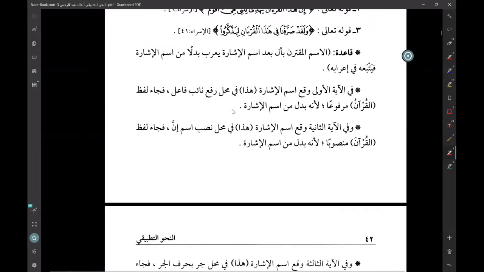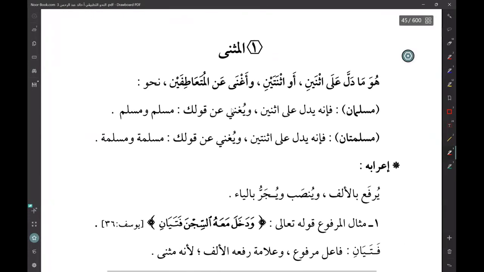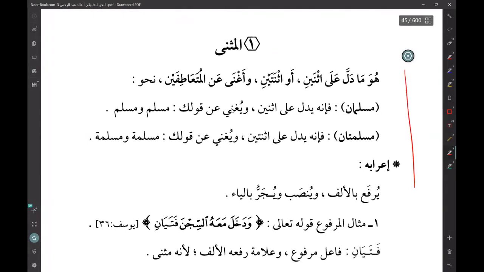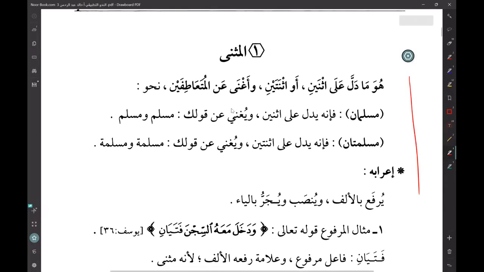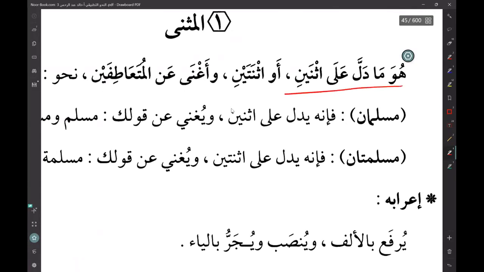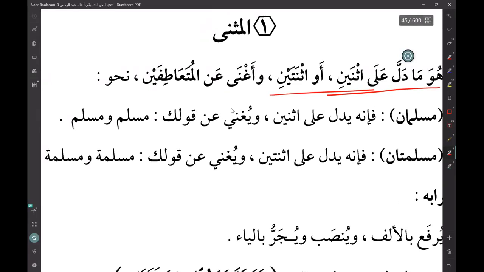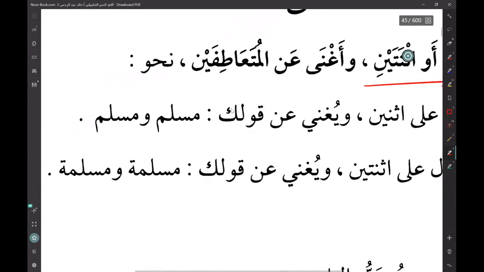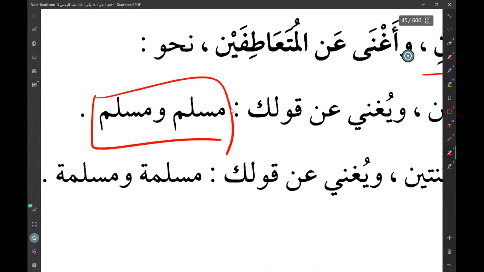This explanation is a little more intermediate; the other one we read was the beginner explanation. This is more intermediate only because it gets into two different words. Number one, same thing we learned: ma dalla ala ithnain, something that indicates two, masculine or feminine, it doesn't matter. But it says wa aghna ala muta'atifain. That means it is sufficient to say it without saying 'and'. Basically what he's saying is this: muthanna is the same thing as saying muslimun wa muslimun.